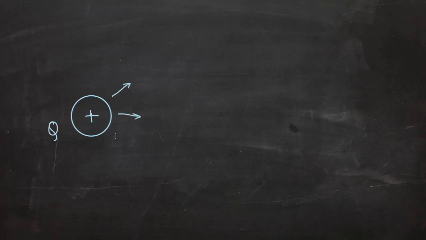So let me consider a positive charge of capital Q fixed somewhere in space. The electric field due to this positive charge is emanated outward in all directions radially. Let me consider a small unit test charge having charge Q naught.